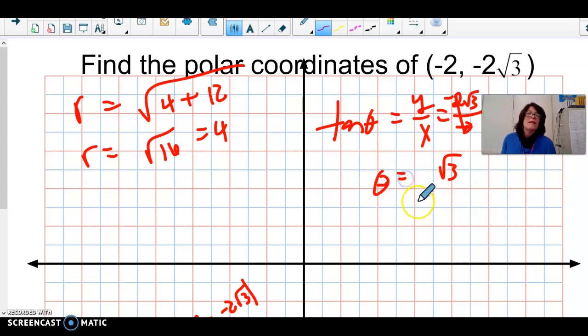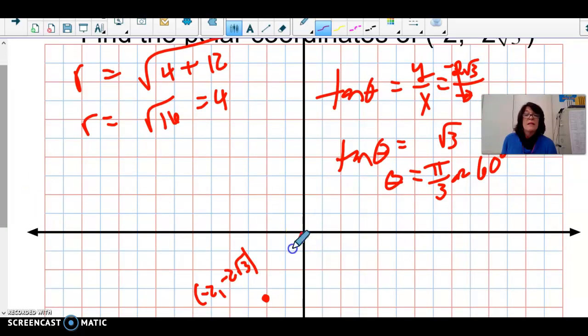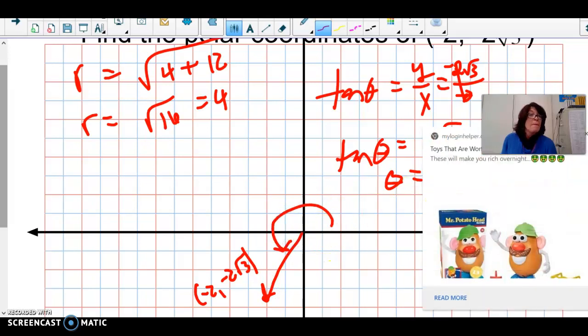So tangent of theta is square root of 3. If I do inverse tan of the square root of 3, I get pi over 3, or 60 degrees, depending if I want this in radians or degrees. Does that make sense? Is that 60 degrees?